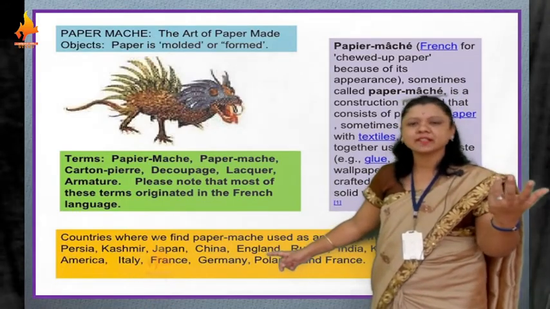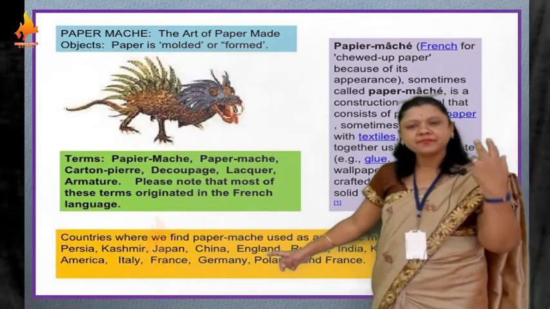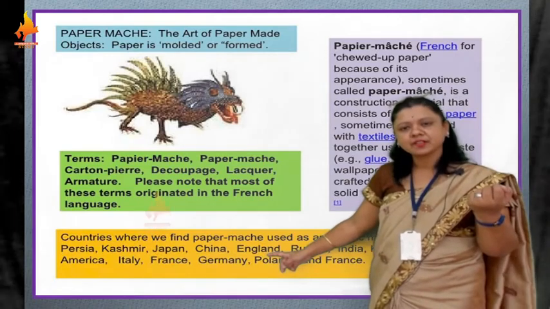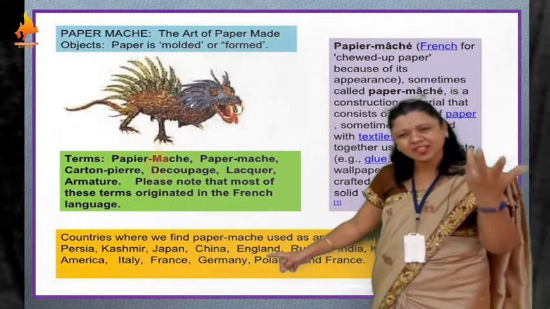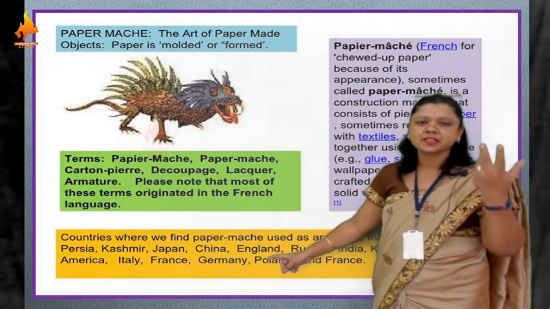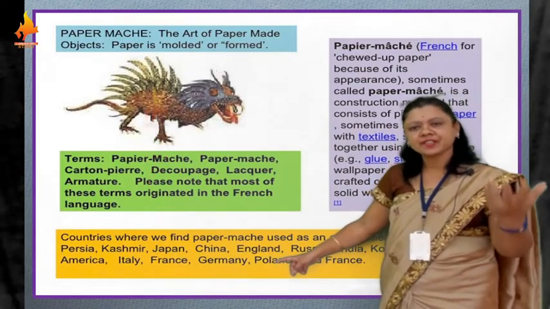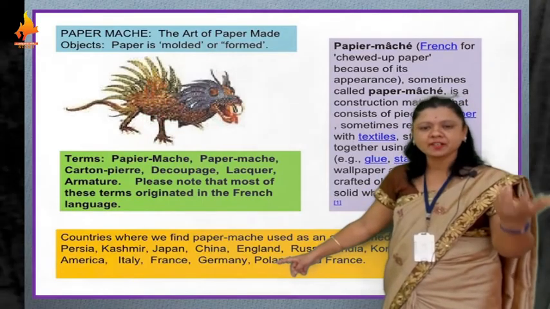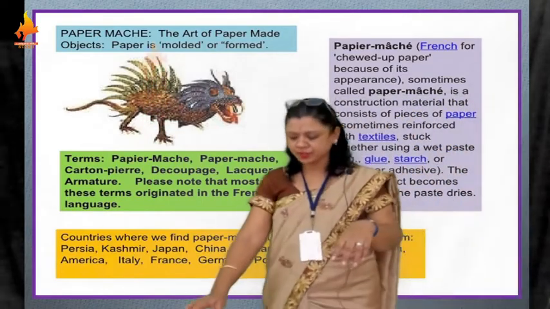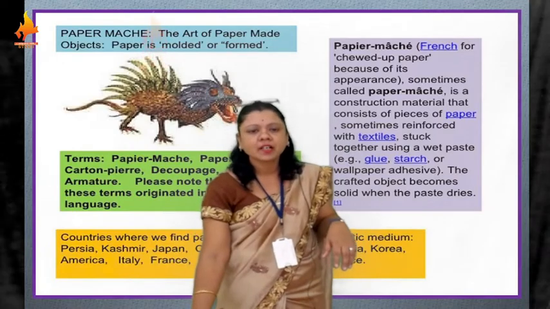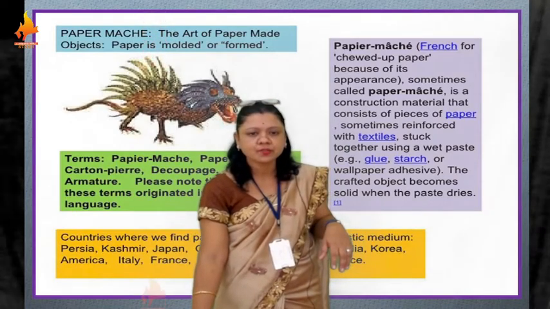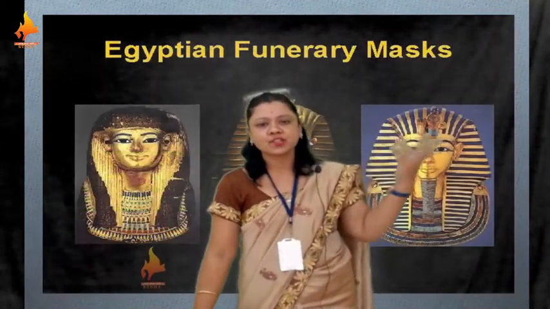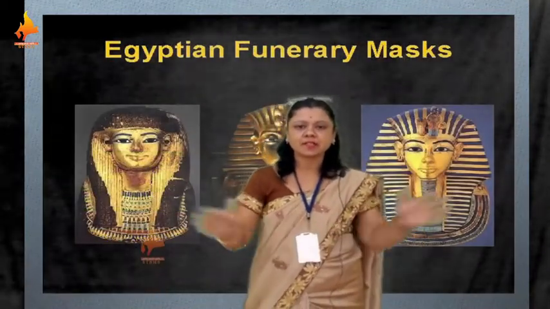Now I can say that almost every country is making such kinds of crafts by using paste and paper, right? For example, America is there, Italy is there, Japan is there, England is there, and my dear students, not only these countries, as I say to you, Egyptians.